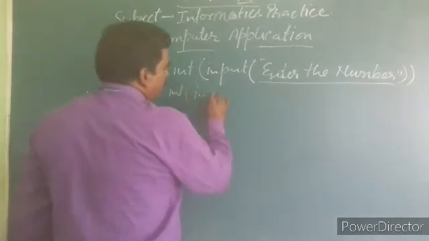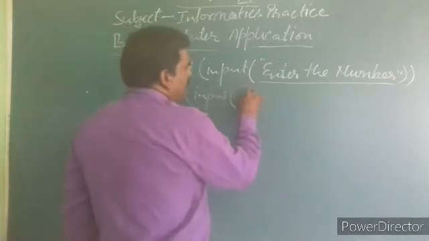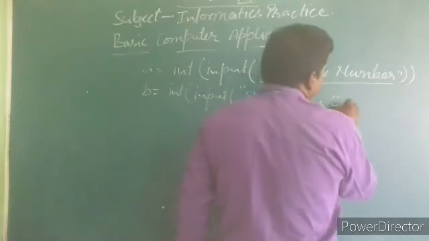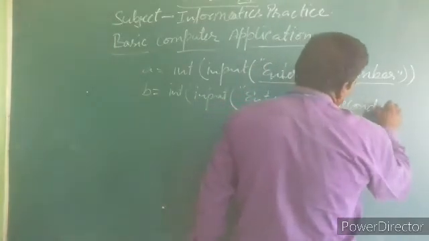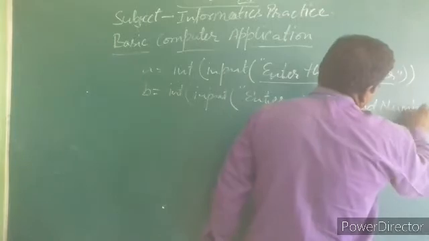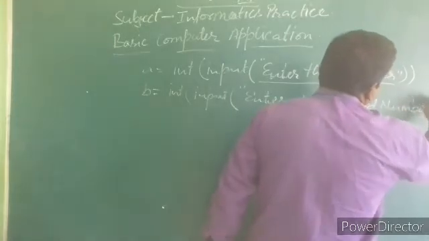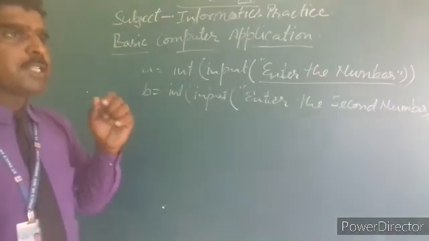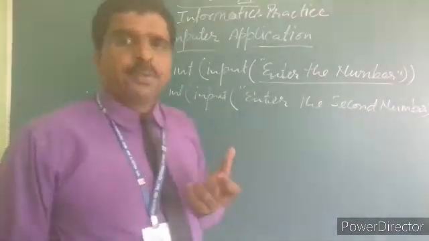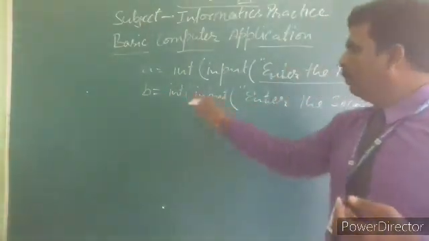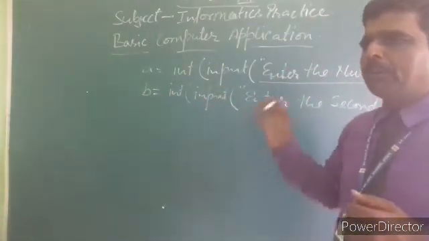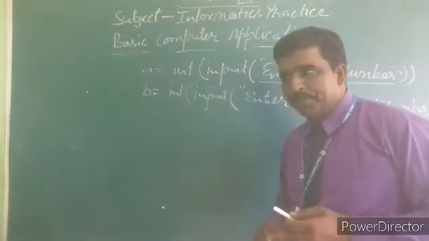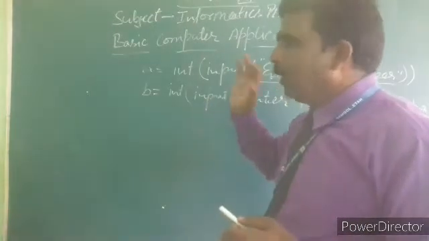Here input, enter the second number. So the question arises: if we have taken both the values, we just want to multiply these two numbers.